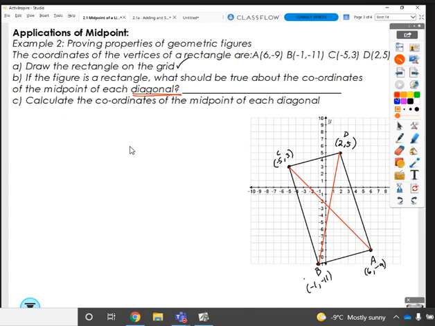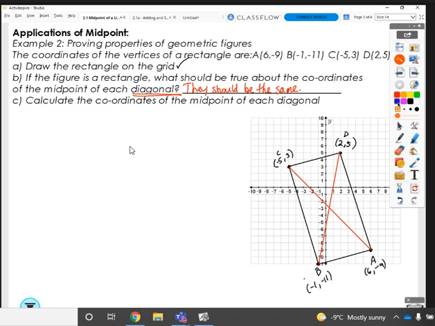Well, the coordinates of the midpoint of each diagonal should be the same. Just calculate the coordinates of each diagonal.